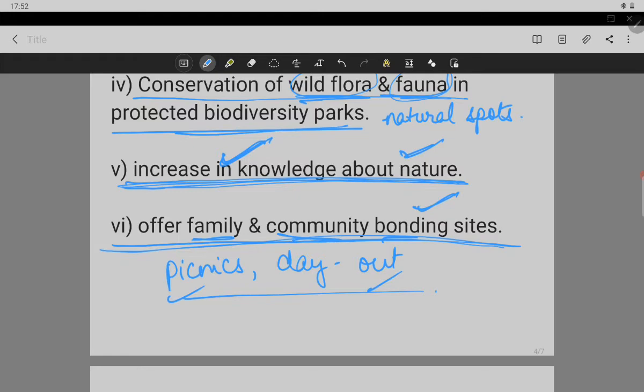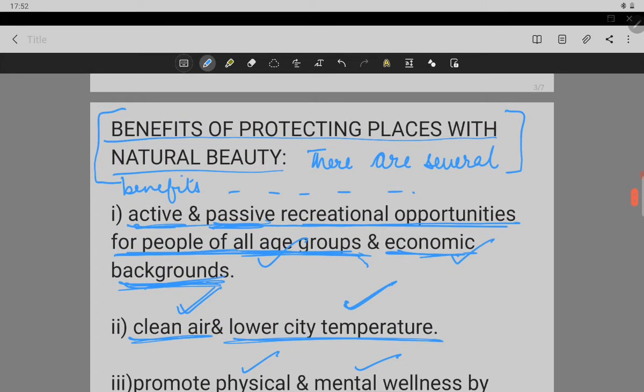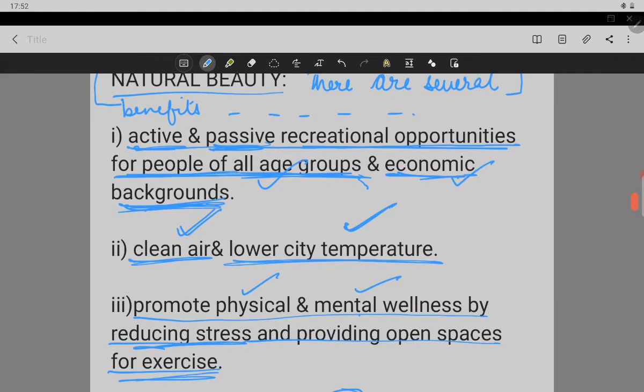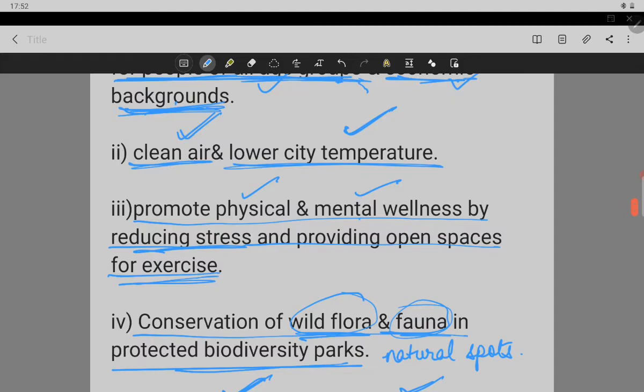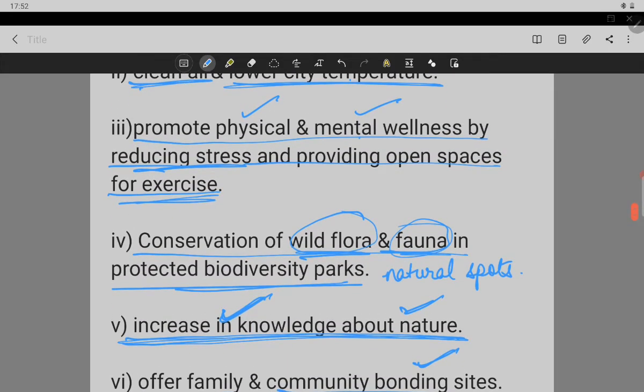Okay, so once again, there are many benefits of protecting places with natural beauty. They provide for active and passive recreational opportunities for people of all age groups and economic backgrounds. They provide clean air and lower the city temperature. They promote physical and mental wellness by reducing stress and providing open spaces for exercise.